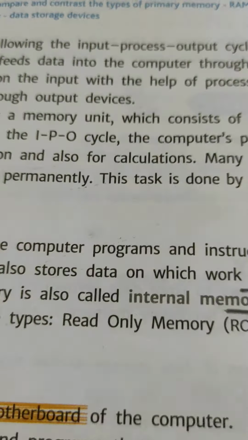This is why ROM is also known as permanent memory or non-volatile memory. The content of a ROM does not get lost when the computer is turned off. Content of a RAM is temporarily lost, and content of a ROM is not lost when the computer is switched off.